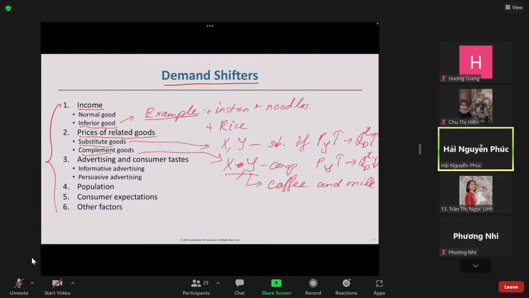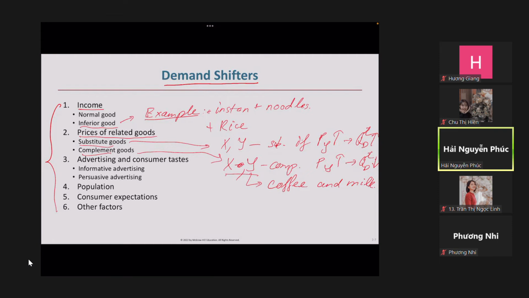I understand what you mean, but this is not a very good example of complements. Complements is the situation when the use of one good is accompanied by the use of another good.